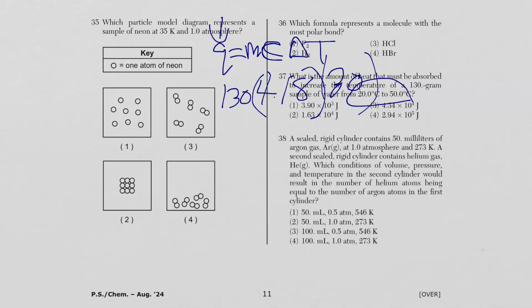Now I'm going to multiply these together. Grab your calculator. I'm grabbing mine. I got 130 times 4.18 times 30, and I get an answer of 16,302.